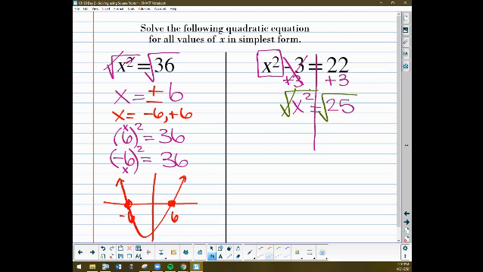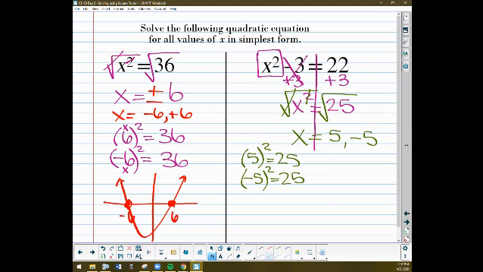The square root and the squared will cancel, leaving me with just x. But remember, the square root of 25 is not just 5. It's positive 5 and negative 5, right? Because 5 squared is 25, and negative 5 squared is also 25, okay?